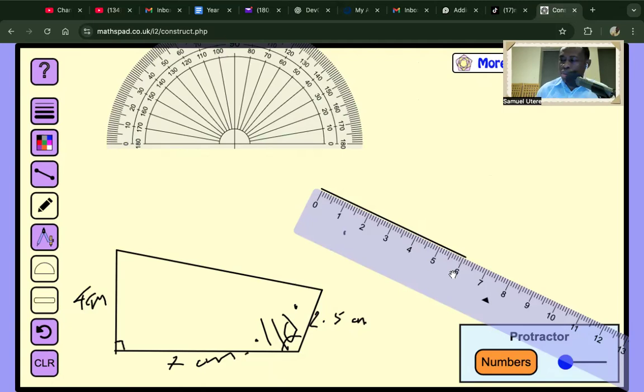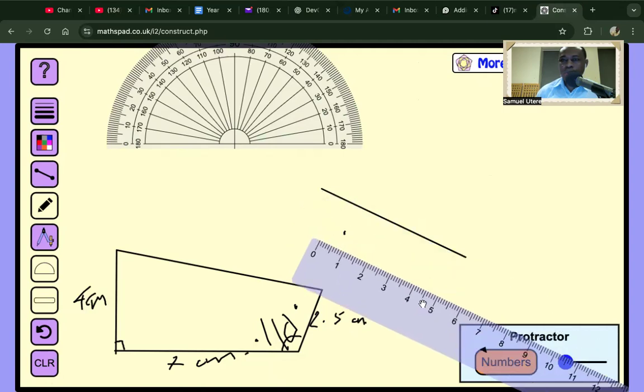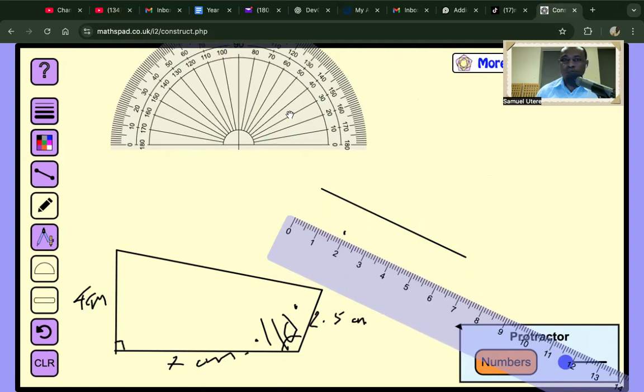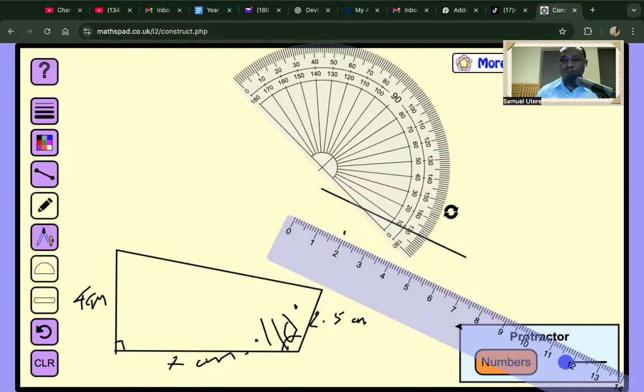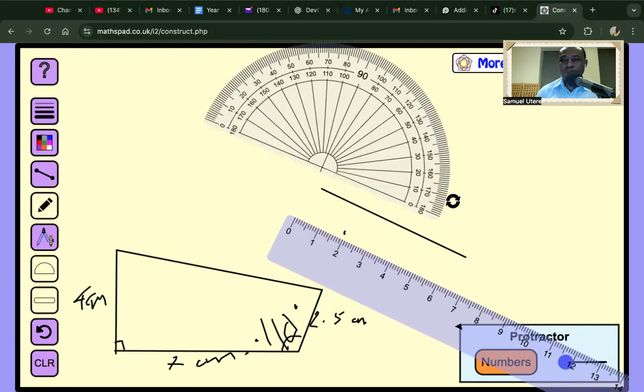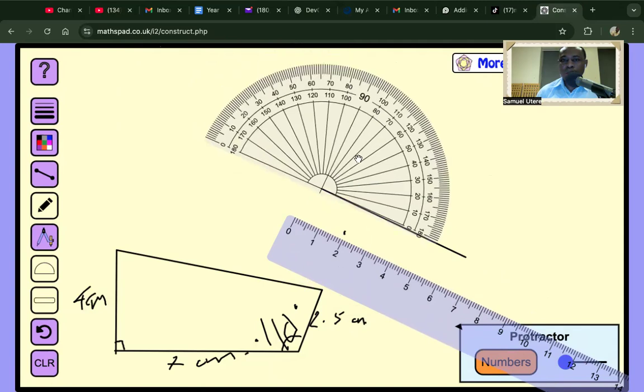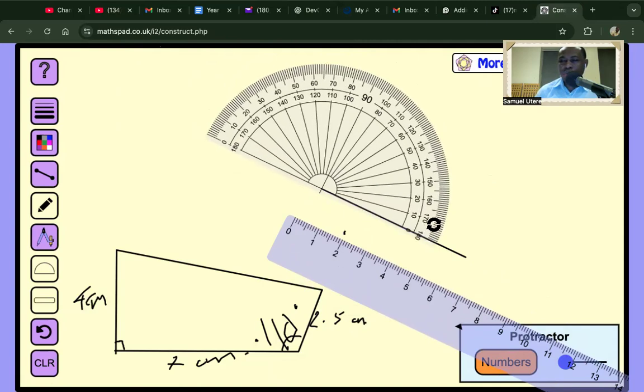Next, we want to draw 95 degrees on this line. So we move our protractor and make sure it lines up with this line. So place it here. We want to draw 95 degrees, which should be about here.